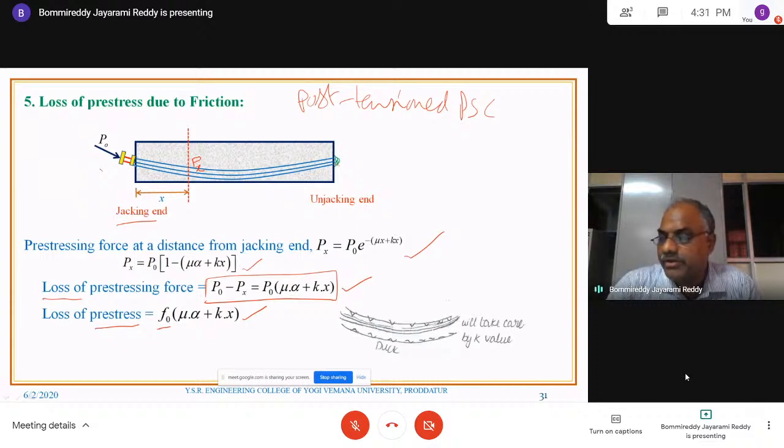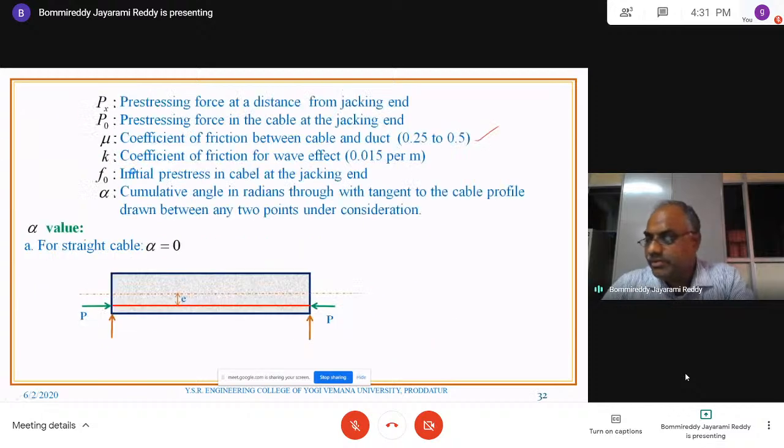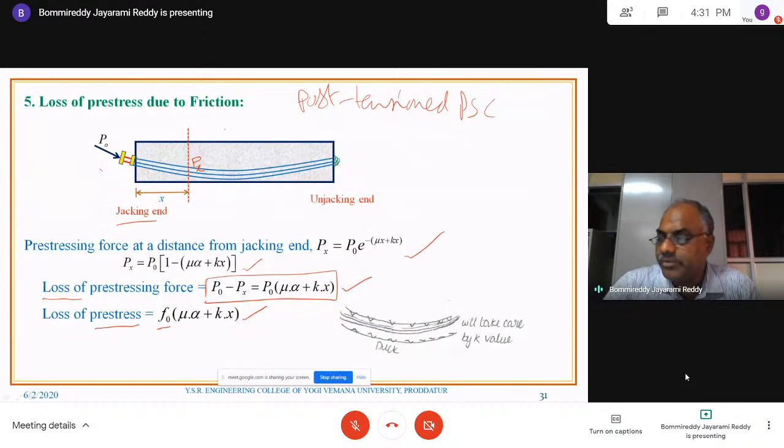So at this point, if it is P0, here it is some other value P1. P1 is always smaller than the P0 value. So this is the only equation that you need to remember for solving any problem on loss due to friction.